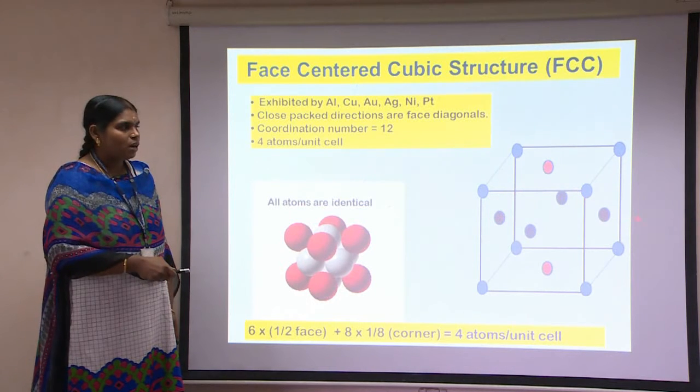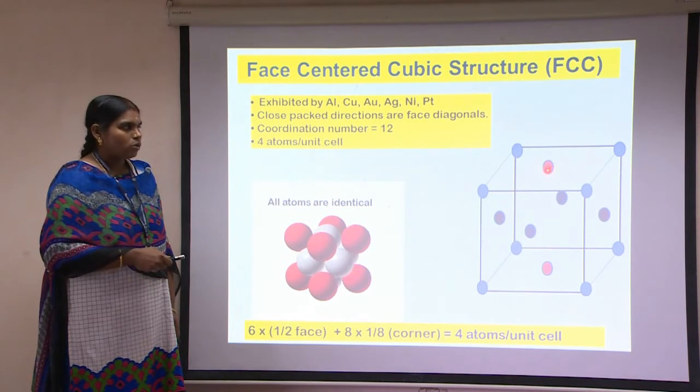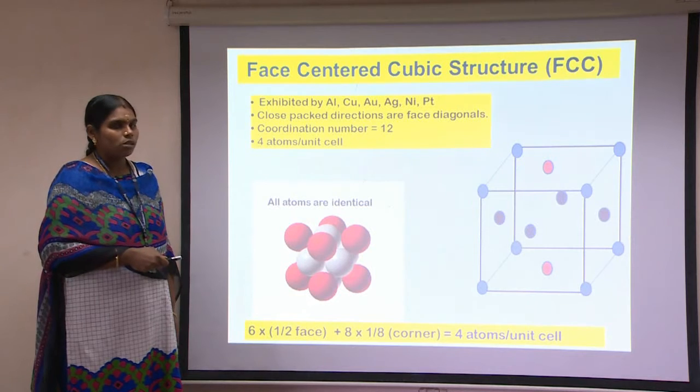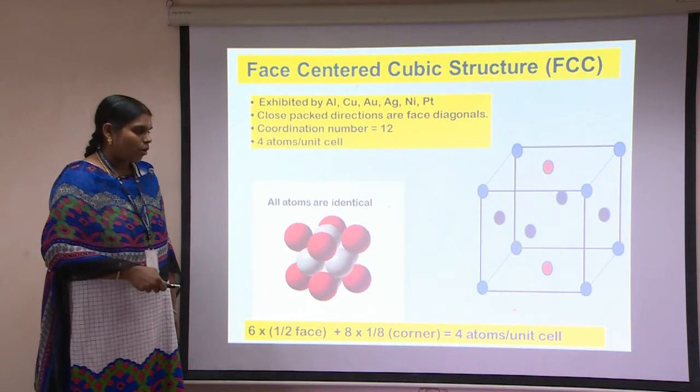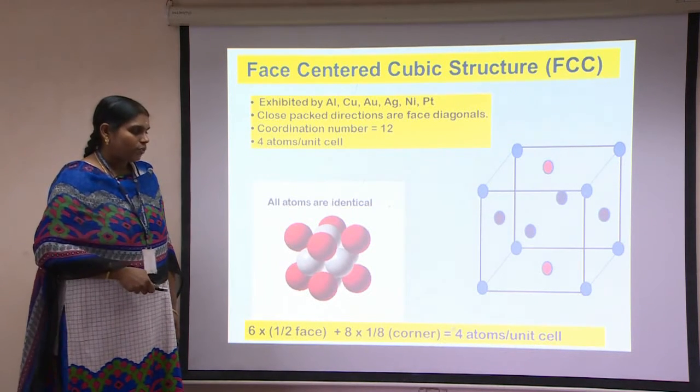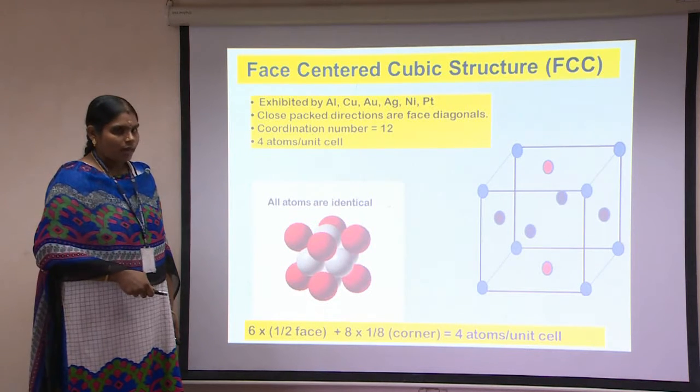How many face centered atoms are there? 6 face centered atoms. So the contribution is 6 × 1/2, which becomes 3. Now we combine the contribution by the face centered and the corner atoms. It is 1 plus 3, which is equal to 4. So the number of atoms per unit cell in an FCC structure is 4 atoms.